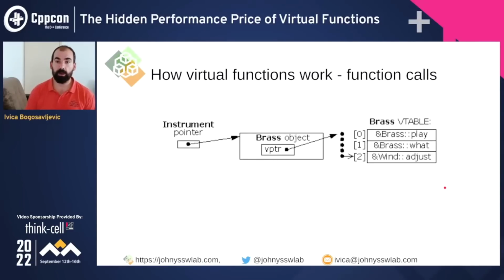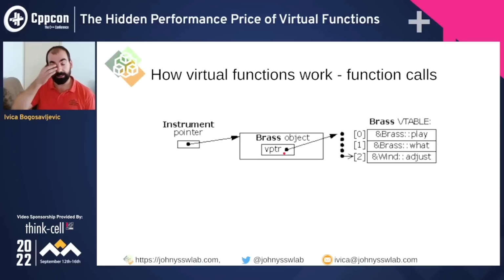Okay, now how does a virtual function call work? If we are accessing an object through a pointer or through a reference, the compiler accesses the hidden virtual pointer, and then, for example, it wants to call the adjust method of the brass object.